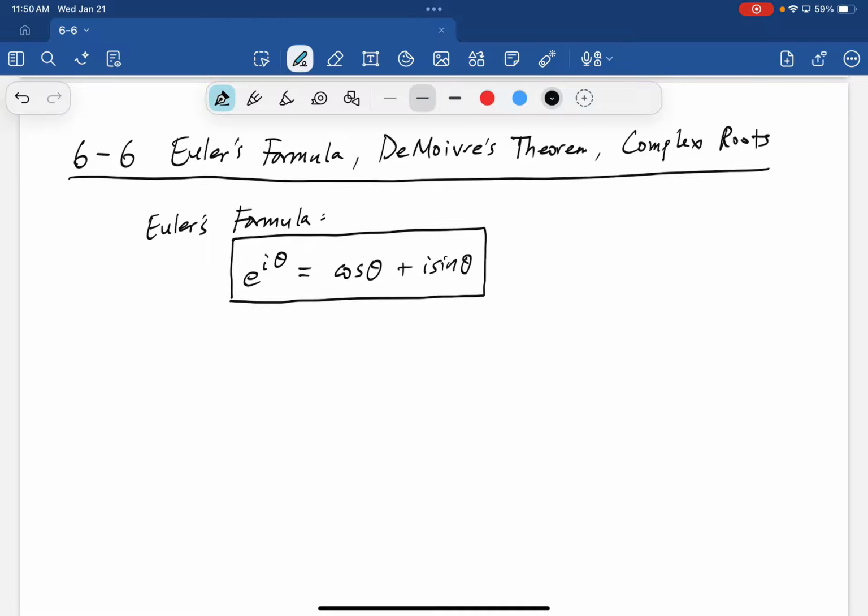Okay, so remember last class we learned how to write complex numbers in trigonometric form, right? If r is the magnitude, then we take r to the outside, and the inside we can write as cosine theta plus i sine theta, correct?